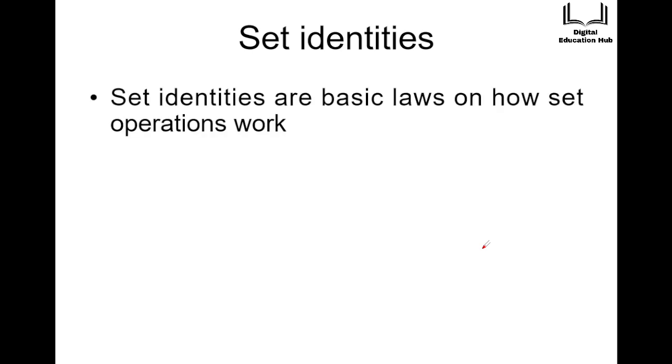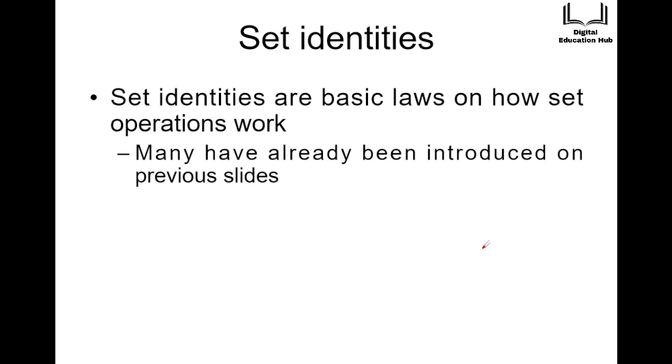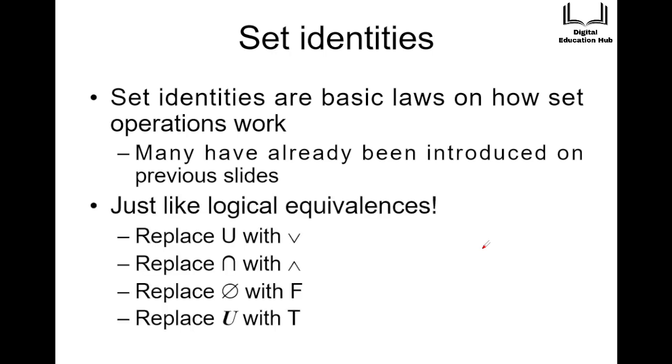Set identity is basically the basic laws of how these operations work. We have already seen some of them, so we can utilize concepts like logical equivalences. Here the union, intersection, null and universal set can be replaced with equivalent logical symbols, that is disjunction, conjunction, false, true. Okay, so we are going to use that to simplify the set identities.